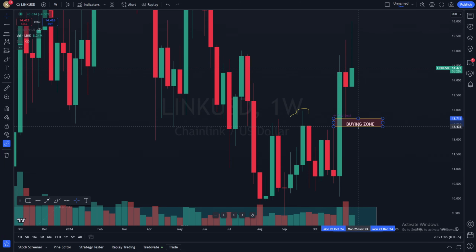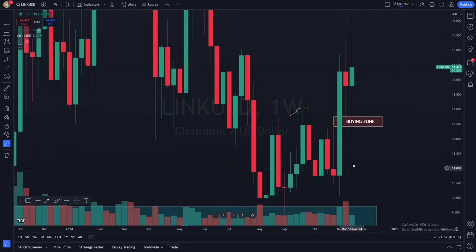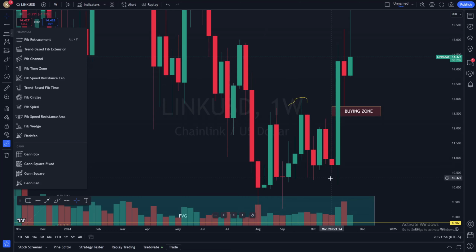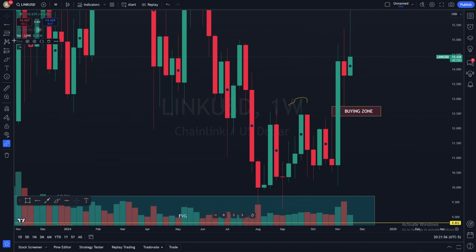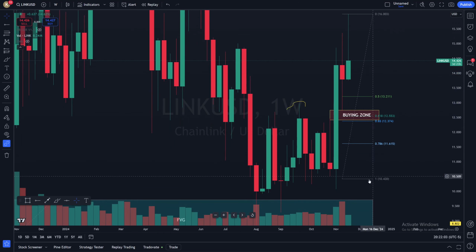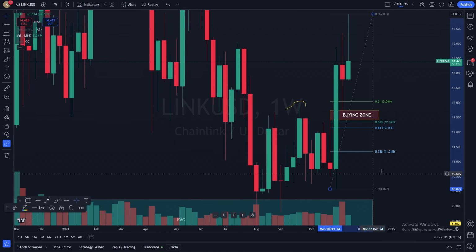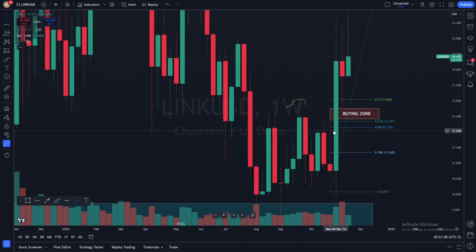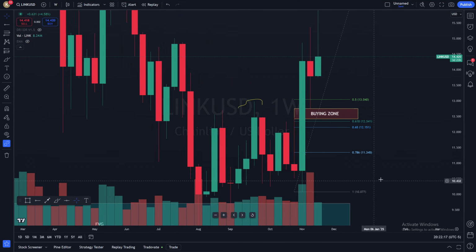Simple and easy, looking for places where I can potentially get in at a discounted price. So let's do it again. Let's get the fib up from the swing low, the bottom of the move, to the height of the move. Boom, like so. This fair value gap is below the 0.5, meaning that we're buying at a discount. And we're looking to go long on this as well.